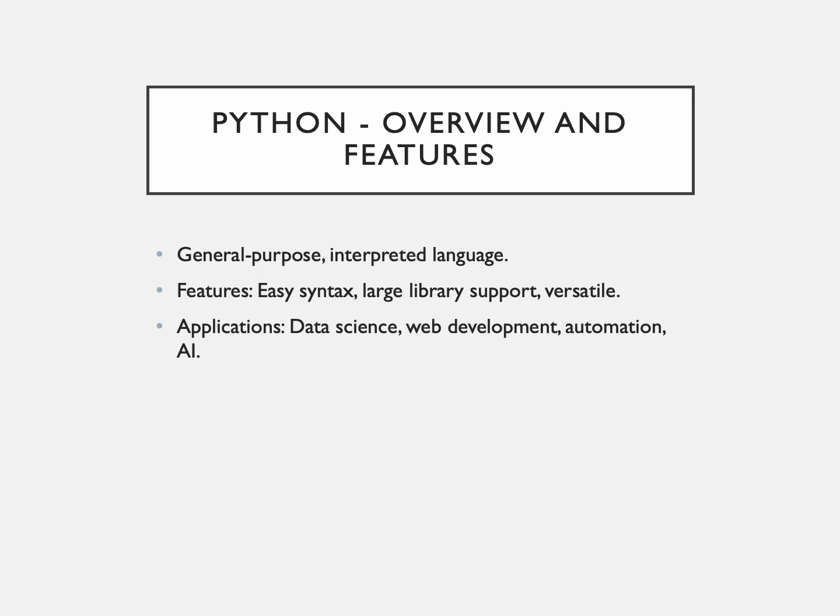Then second is Python has large library support, which provides pre-written code for common tasks such as file handling, web development, and data manipulation. Additionally, its ecosystem includes numerous third-party libraries like NumPy for numerical computations, Pandas for data analysis, and TensorFlow for machine learning.